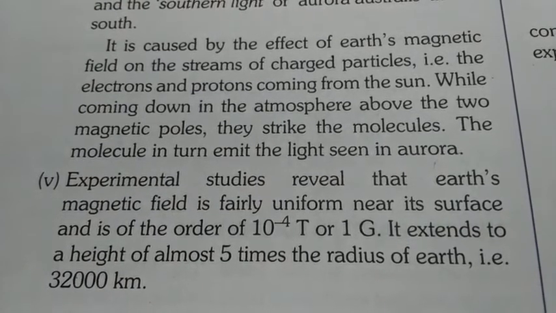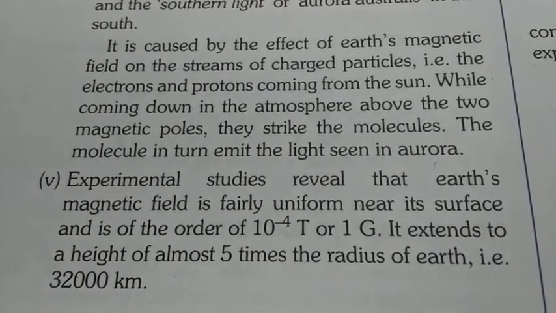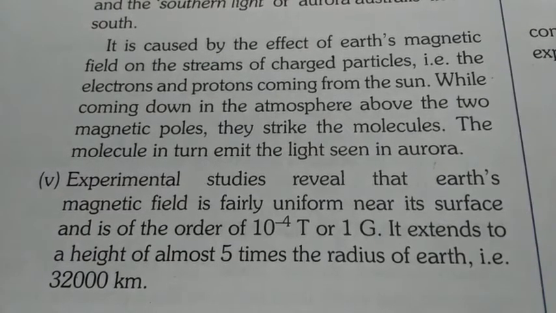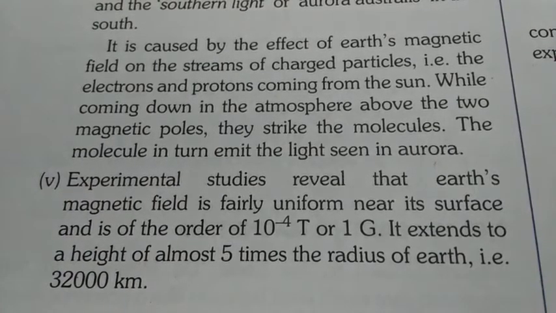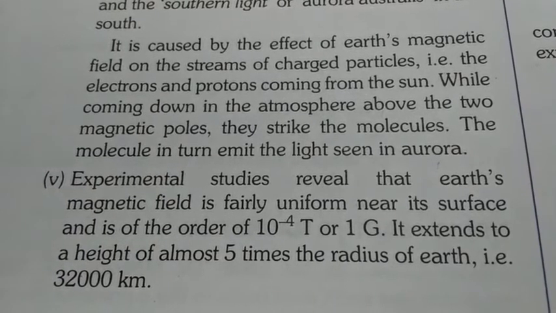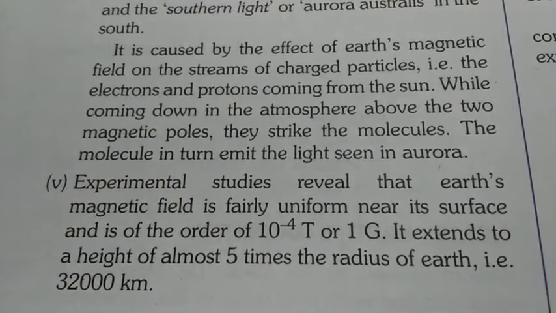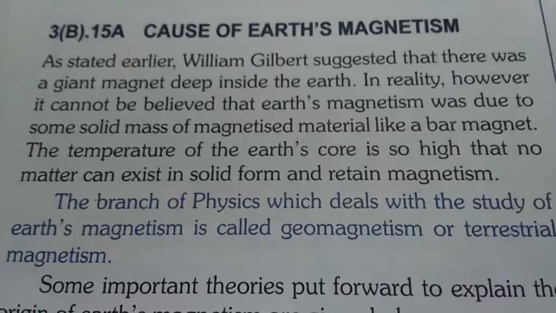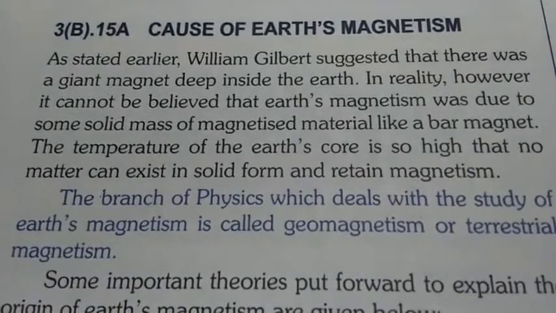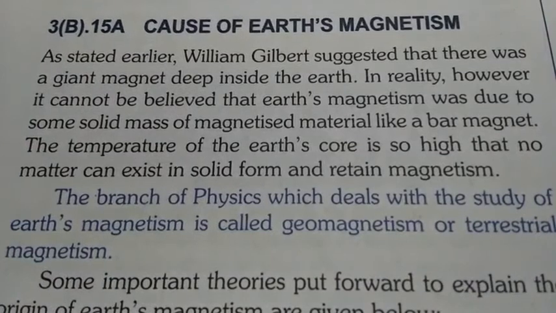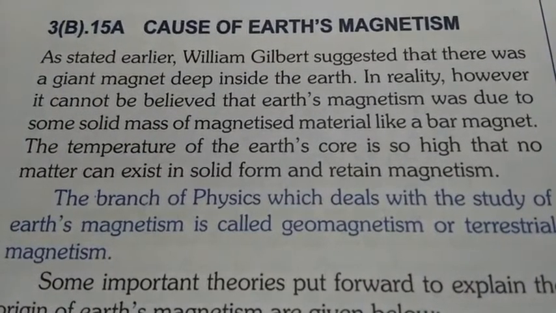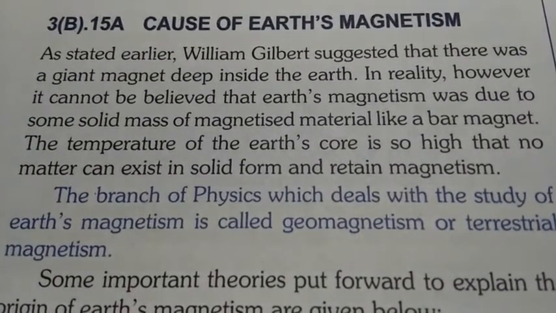If Earth's magnetic field would not be there, then those rays enter the Earth's atmosphere and reach the surface as well, and life here will be very difficult. The survival of humankind will be very difficult. So we have discussed the points which emphasize that yes, Earth behaves like a magnet, it has a magnetic field.